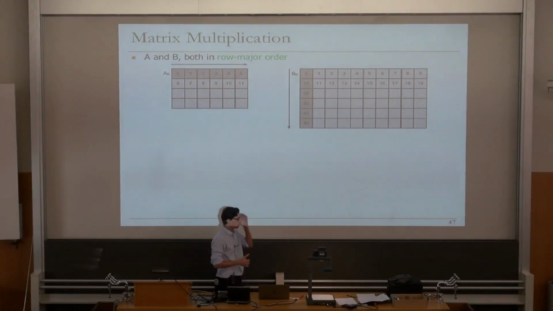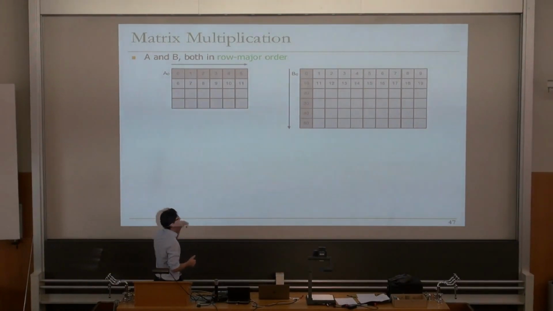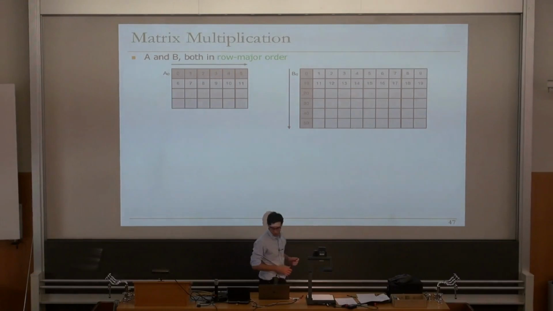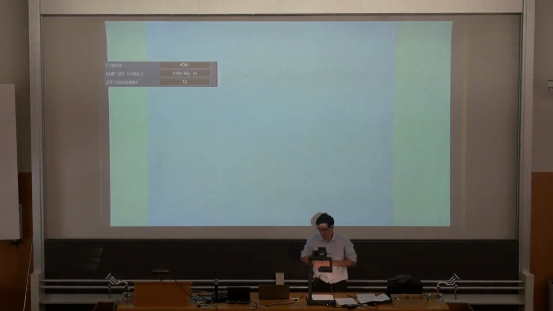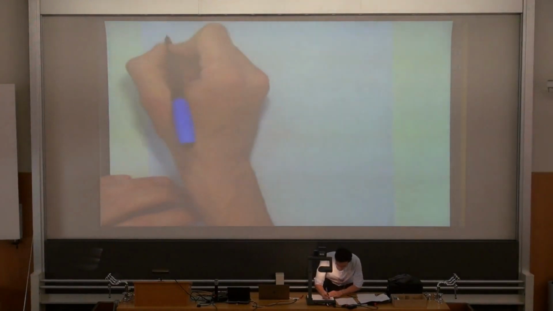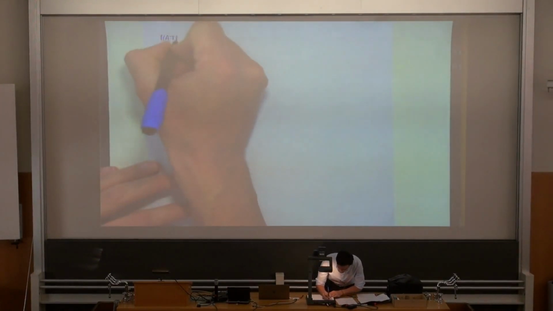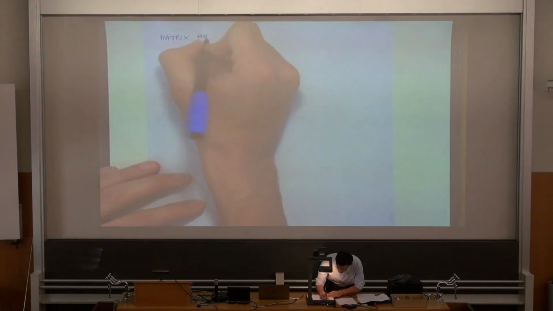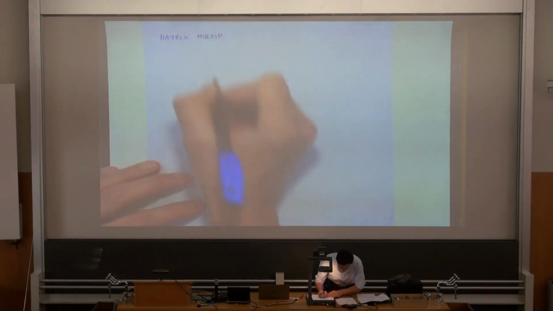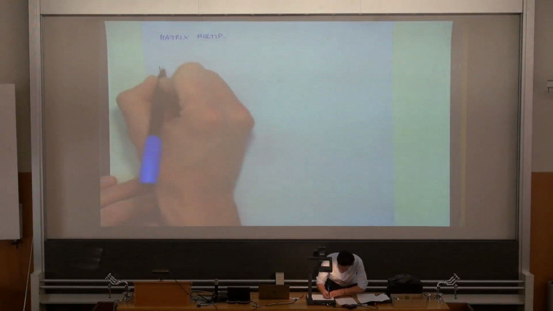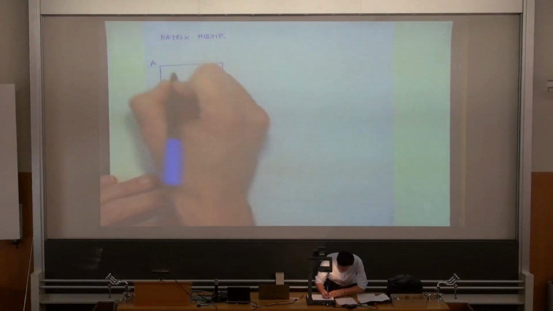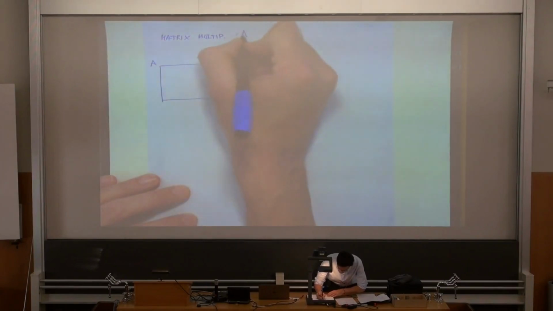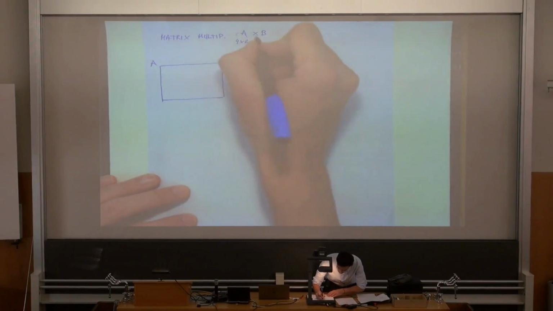Here we have two matrices, A and B, and we want to multiply these two matrices. So let's take a look at how these two matrices are stored in memory. In our matrix multiplication, this is matrix A, this is A times B. Matrix A has 4 rows and 6 columns.